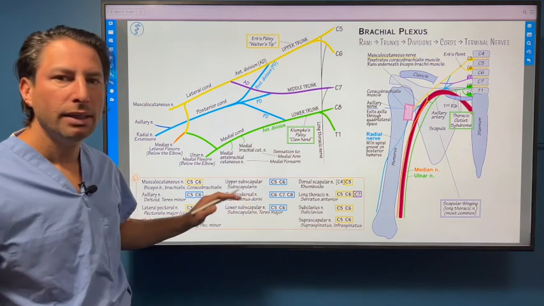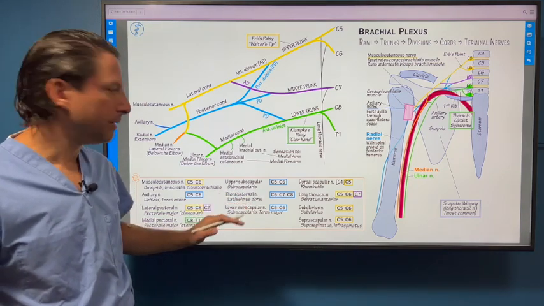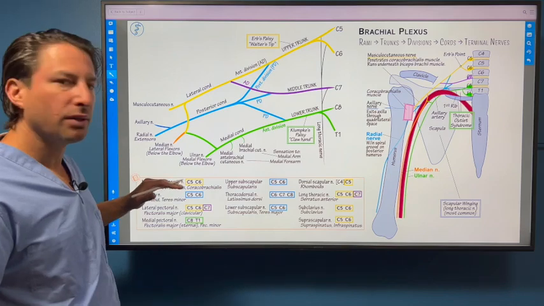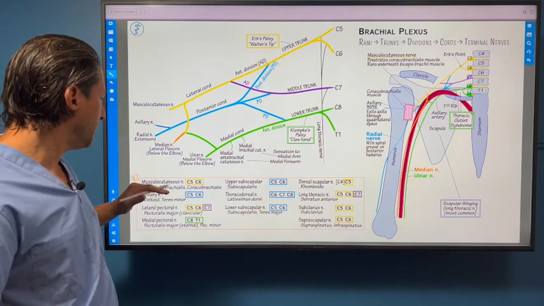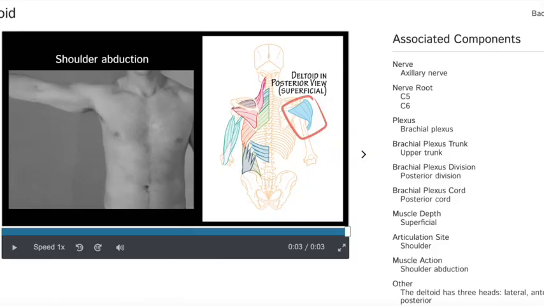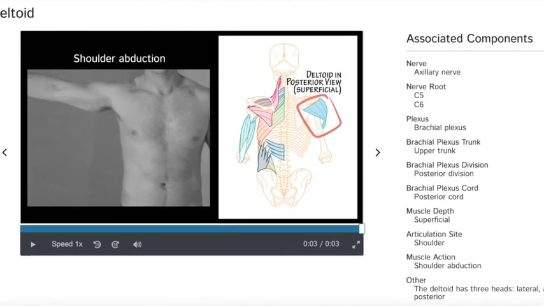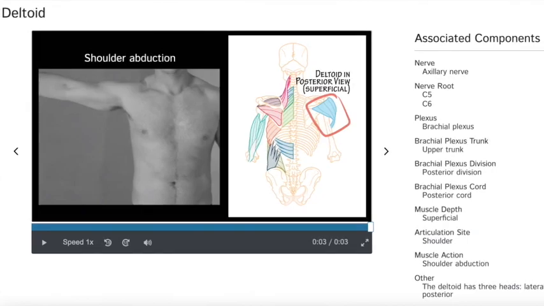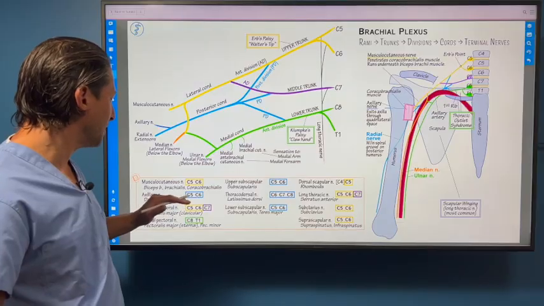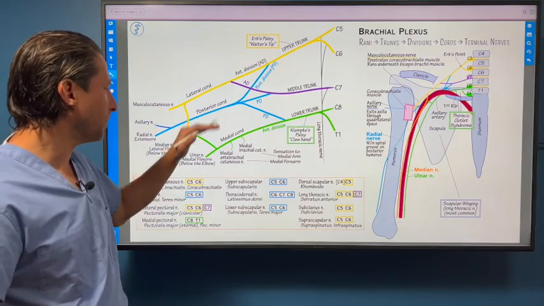So here are core innervation patterns. So musculocutaneous nerve, C5, C6, biceps brachii, axillary nerve, C5, C6, deltoid. Note that the musculocutaneous nerve comes off the lateral cord, whereas the axillary nerve comes off the posterior cord.